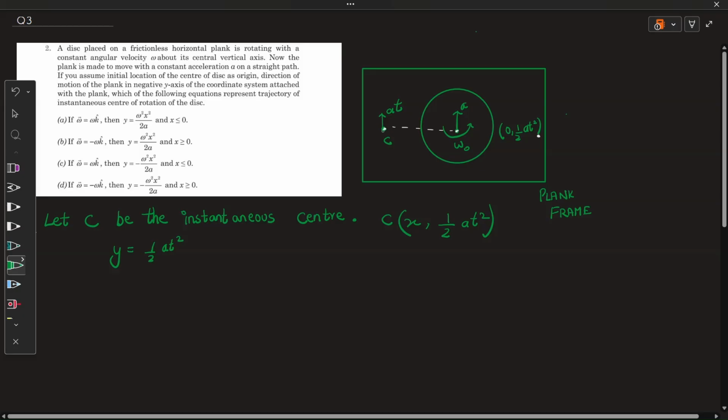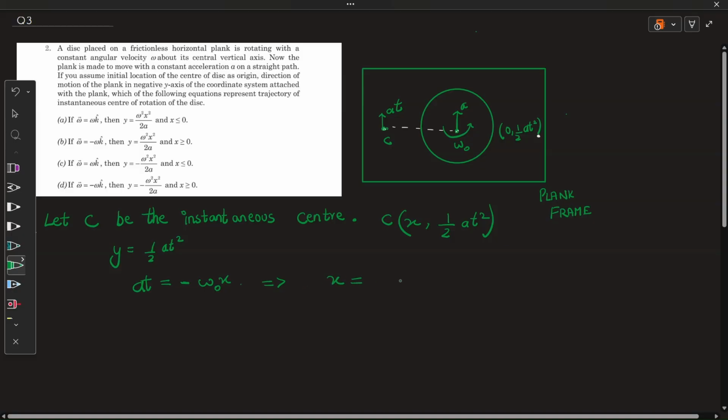This at should be, with respect to this center, this point should be at rest. So this at is nothing but omega into this distance x, because this is lying directly above the origin. This is lying at some distance x, which is supposed to be negative x. So minus omega naught into x.